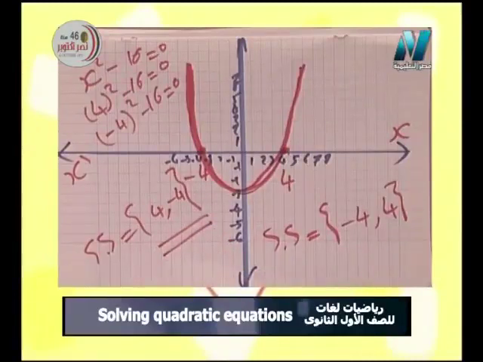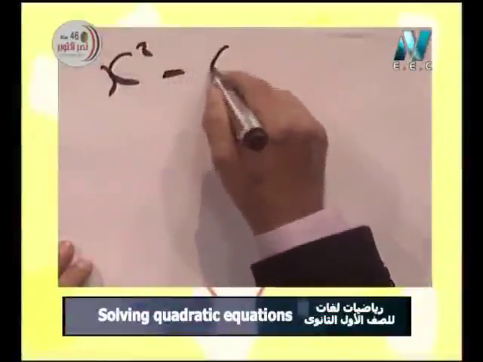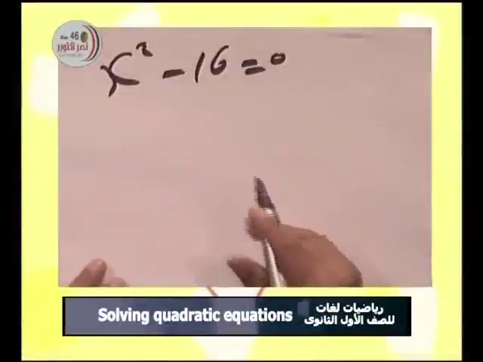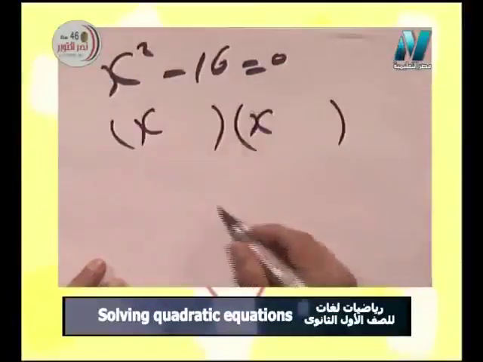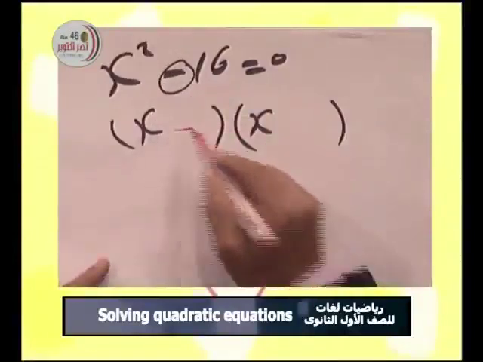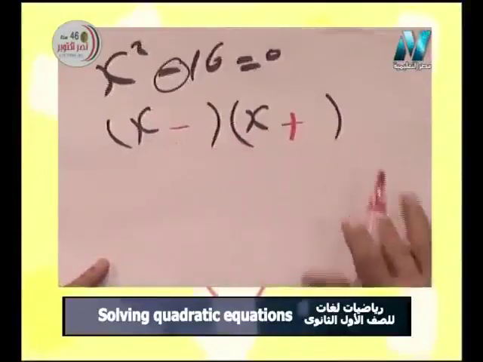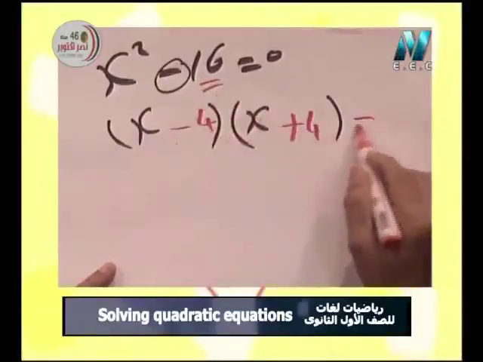And if we try to find the solution by another method, here we can use factorization or we can use the formula. Look here, x power 2 minus 16 equals 0. We can factorize. X power 2 means x multiplied by x. Negative here means negative multiplied by positive, or positive multiplied by negative. 16 means 4 multiplied by 4, all of them equal 0.